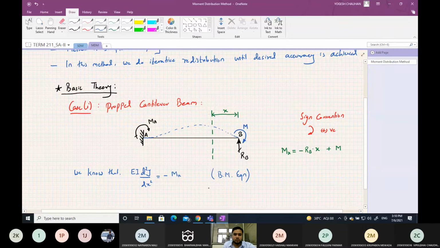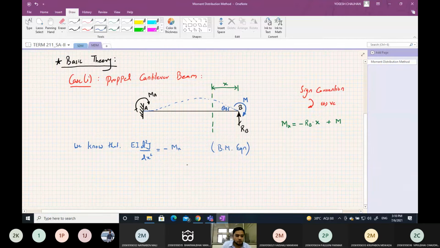Now let the slope produced here be theta B. So we can write EI d square y by dx square equals to RB into x minus M. So mark this as number 1.